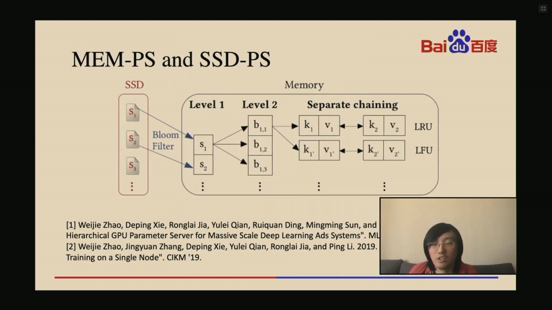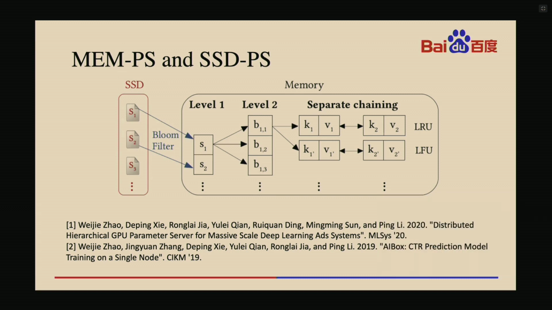So we have introduced a lot of optimizations for the hierarchical parameter server. And here I will just introduce one very interesting thing. Other optimizations can be found in these 2 papers. So a Bloom filter is a probabilistic data structure that will tell us whether a parameter exists in a collection, or a parameter does not exist in a collection.